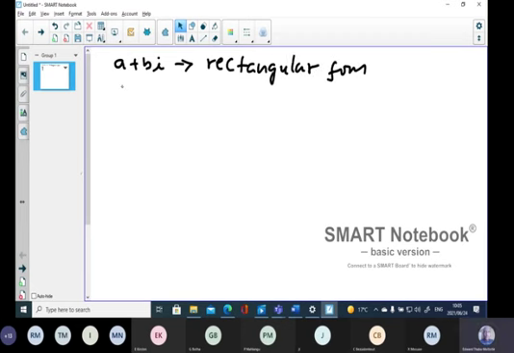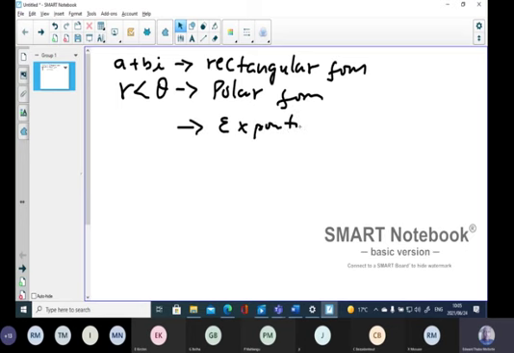Then we discussed this type, r angle theta, which is the polar form of a complex number. Now what we are going to discuss is the exponential form.